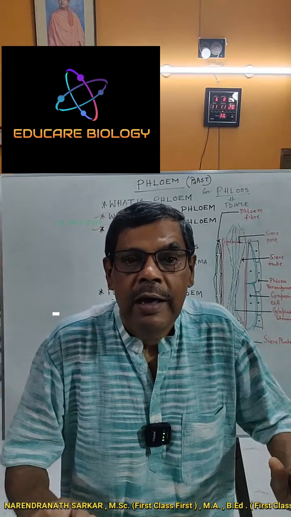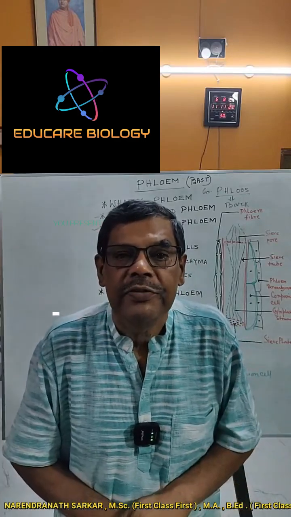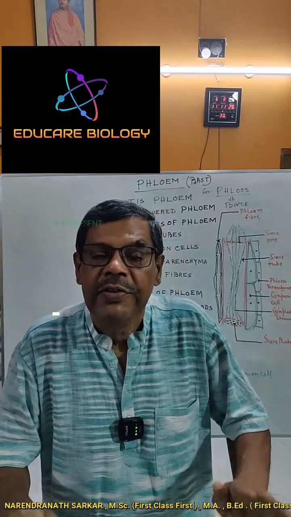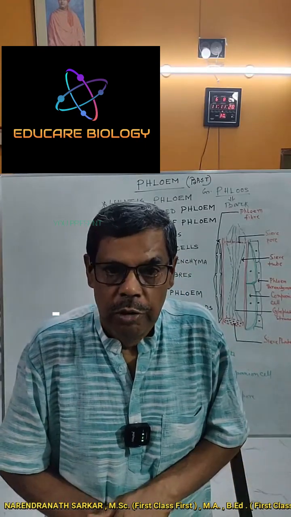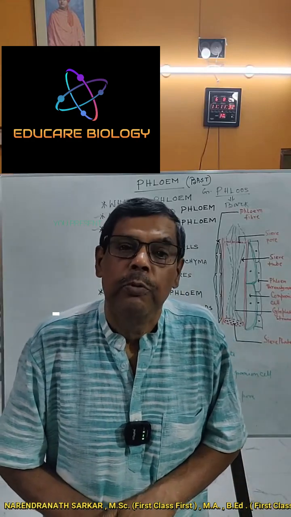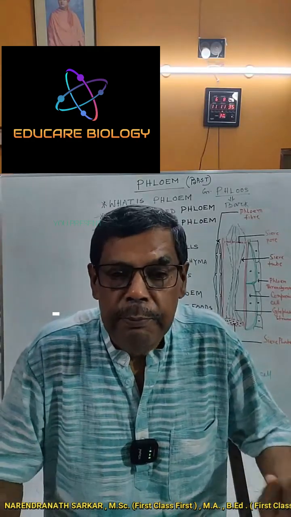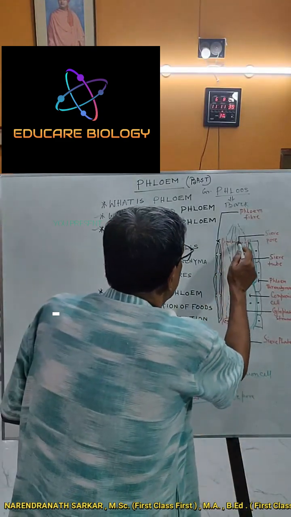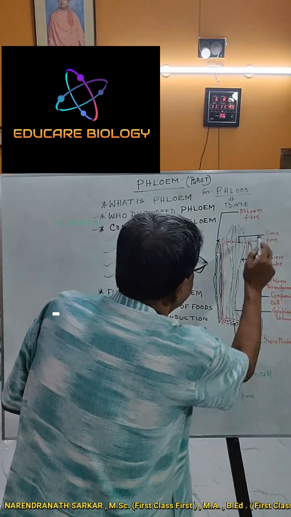This sieve plate is obliquely placed and perforated by several pores. These pores are called sieve pores. Sieve pores may be simple or compound. This is the sieve plate, this is the sieve pore.